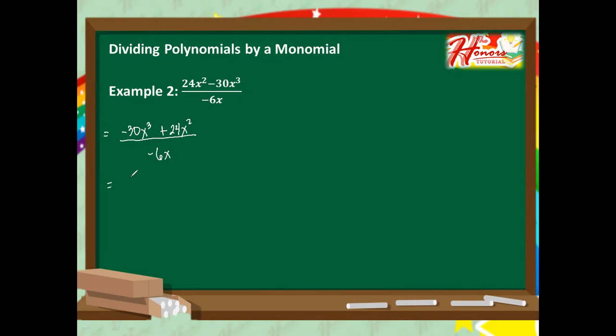Let's separate this. So we have here negative 30x cubed over negative 6x. Copy the operation, which is addition. So plus 24x squared over negative 6x. And then we are going to simplify this. Think of a number that can divide negative 30 and negative 6 at the same time without remainder.